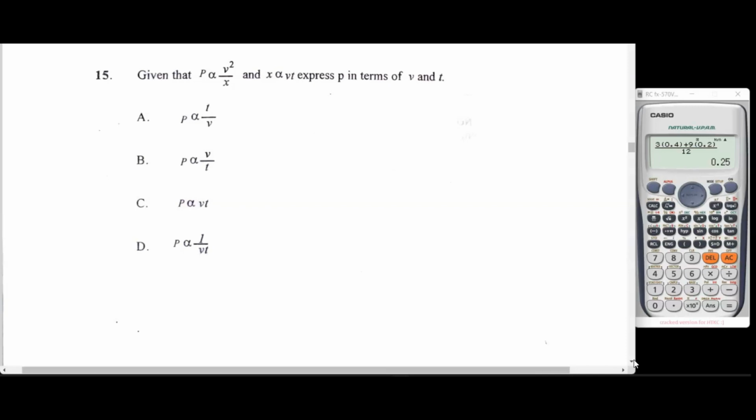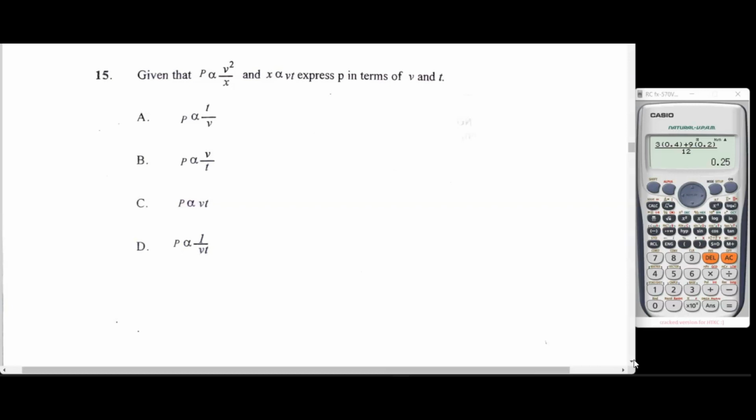We are to express p, so we make p the subject between these two statements, then we merge the value here. Remember, we have x here, and we are to leave the answer in terms of v and t, meaning x mustn't be part of the final statement. But we know x as vt. So wherever we see x, we substitute vt there.